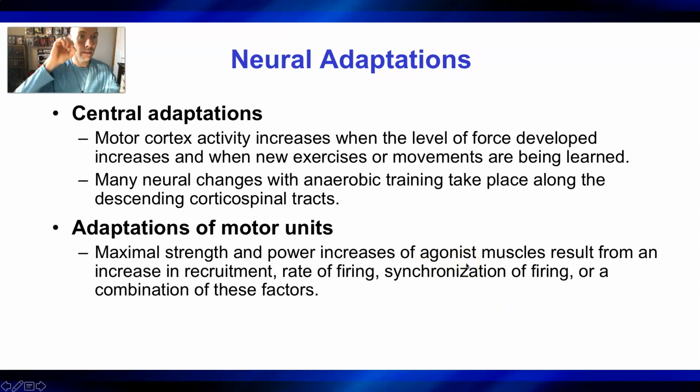Let's just say we have two motor units and they're firing back and forth. Now they're firing at the same time. They're synchronized. Again, that's going to increase the level of force production and the rate, which is the speed of force production, right? And then ultimately all of those factors are going to combine to increase force production and rate of force production.